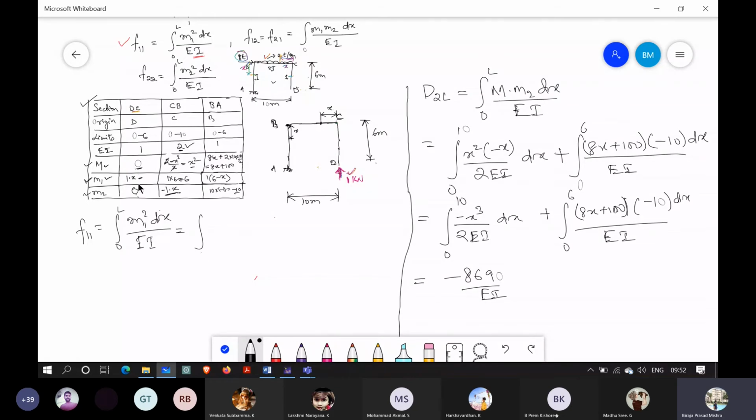The first one, m1 square is x square, so integration 0 to 6 x square dx by EI, then plus integration 0 to 10 of 36 into dx divided by EI, this is again 2 EI.